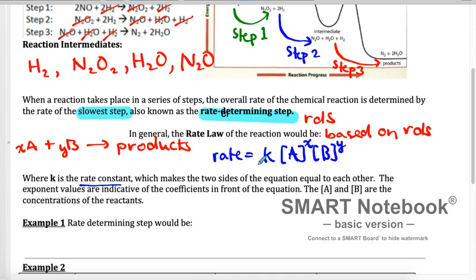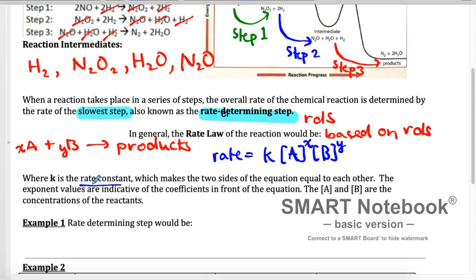It's not like pi where it's a definite value of 3.14159, etc. The exponent values are indicative of the coefficients in the front of the equation. And the concentrations of A and B are the concentrations only of the reactants.